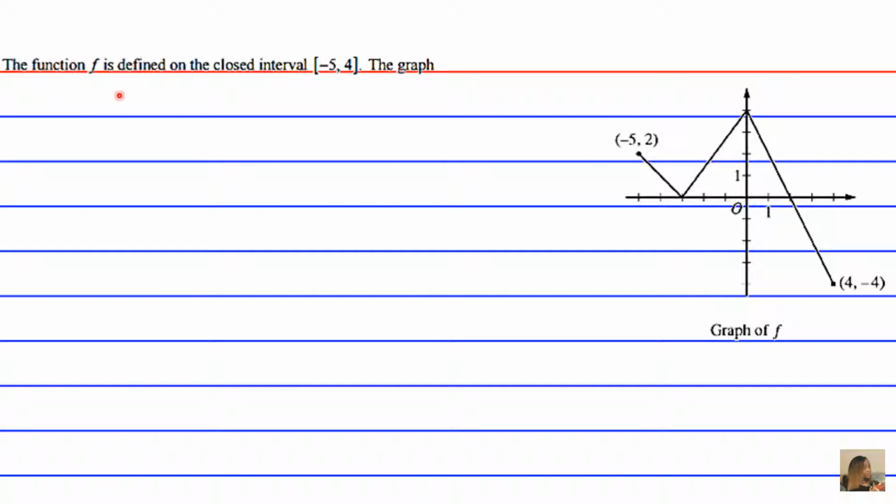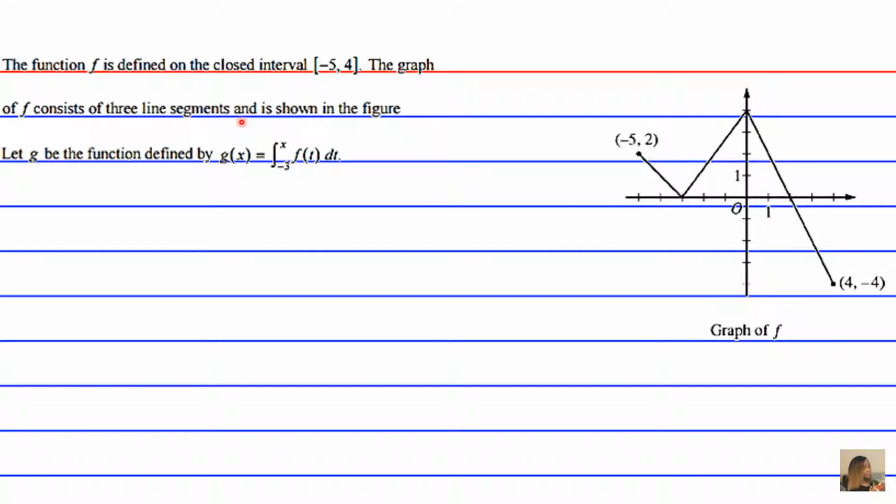The function f is defined on the closed interval [-5, 4], and when an interval is closed and bracketed off like this, it means that the interval also includes the endpoints -5 and 4. The graph of f consists of three line segments shown here, 1, 2, 3, and is shown in the figure.